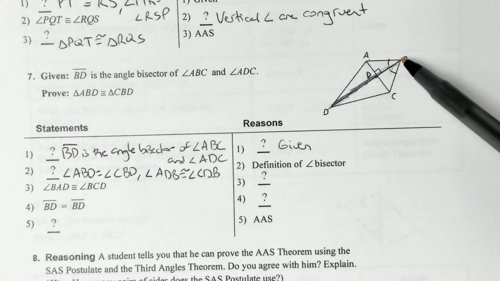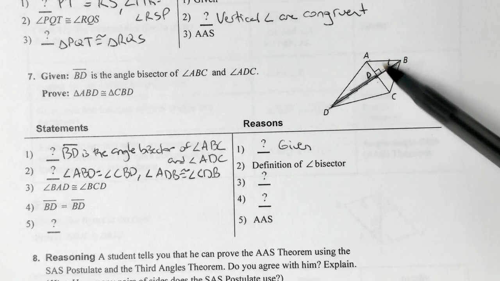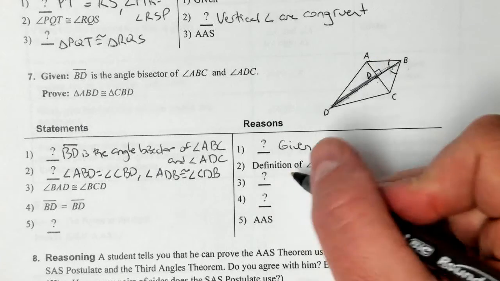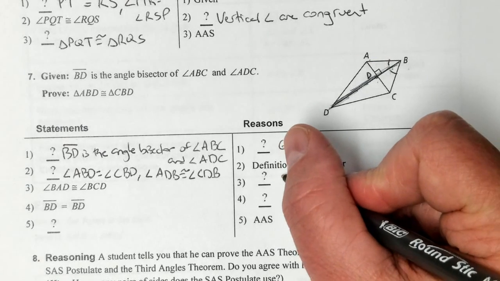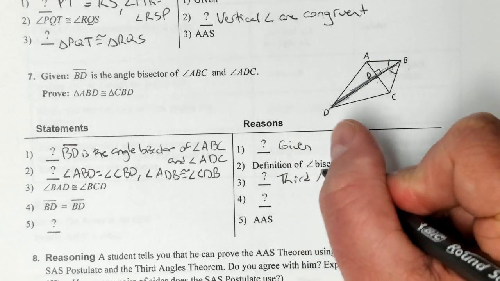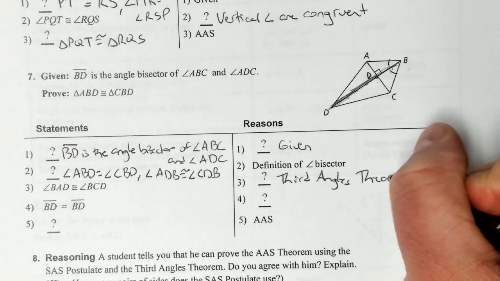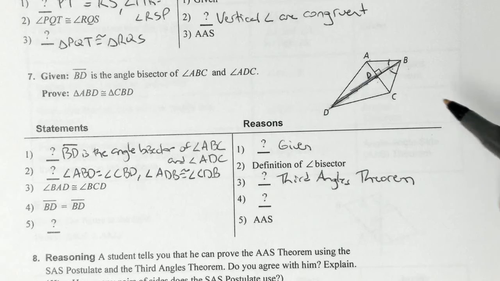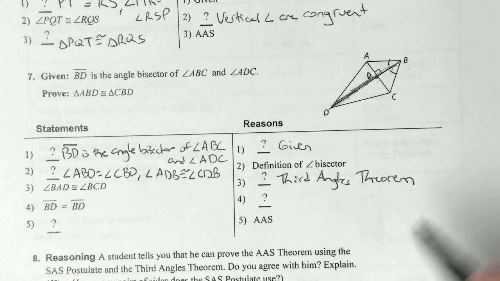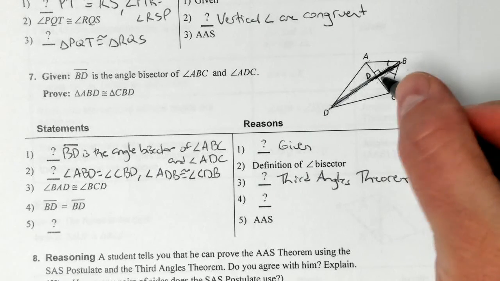So then with the angle BAD, that's the third angle in the triangle. So this would be the third angles theorem. That angle is equal to that one. Then we also have the BD, which is the reflexive side.